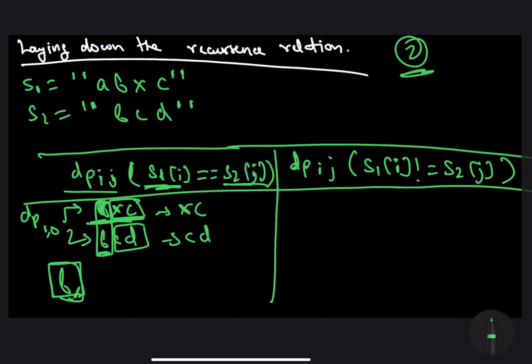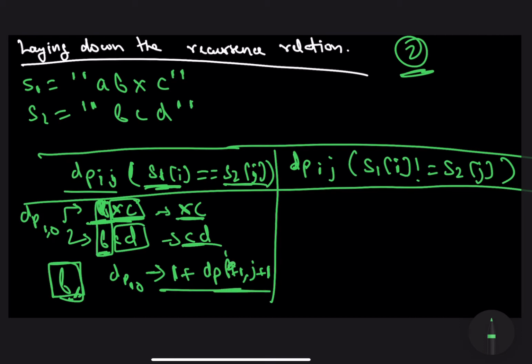So the answer will be something like dp of 1 comma 0 is nothing but 1 plus the longest common subsequence of this xc and cd, that is nothing but dp of i plus 1 comma j plus 1.